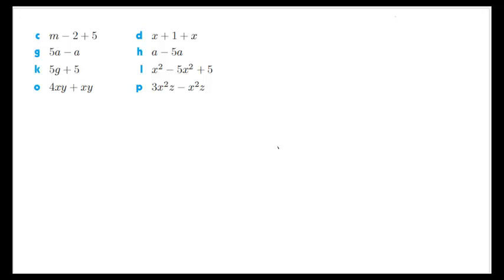The first thing is we identify like terms. Our like terms have the same variables. So constants go together and variables go together, and variables are different depending on their exponents. So let's just start with what we have. m minus 2 plus 5.